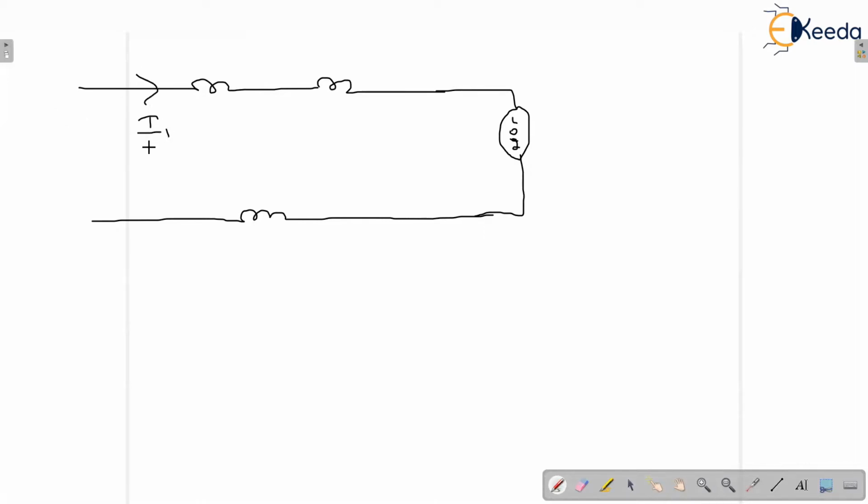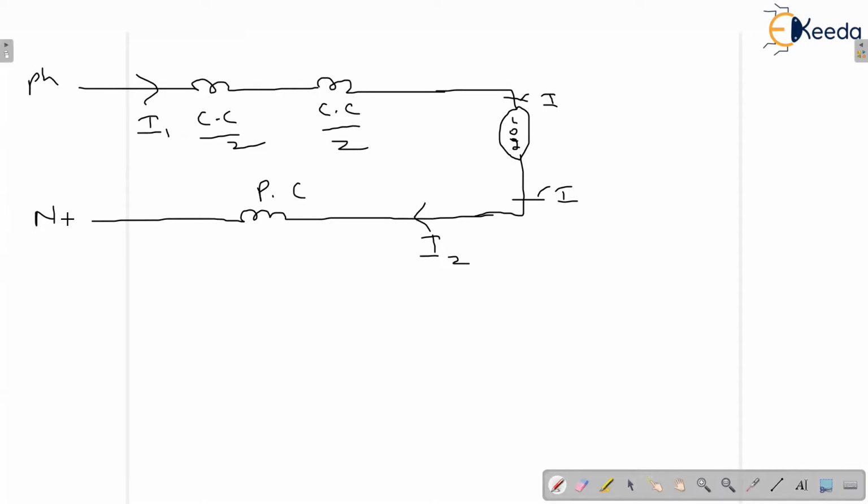I1 means current through current coil, Cc by 2, Cc by 2, and this is my total current or load current coming out, and then I2, current through pressure coil, DC, phase, neutral.